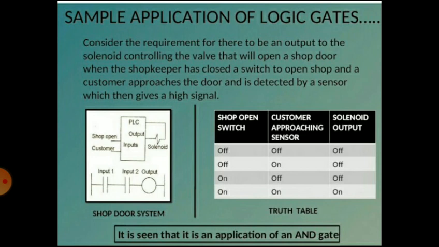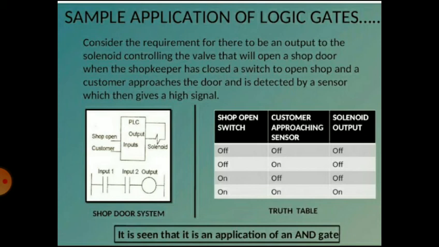A sample application of a logic gate is given here. It is an application of an AND gate. Consider the requirement for there to be an output to the solenoid controlling the valve that will open a shop door, when the shopkeeper has closed a switch to open the shop and a customer approaches the door and is detected by a sensor, which then gives a high signal.